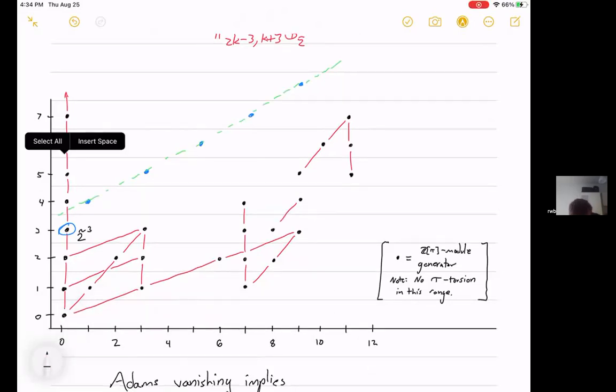Here's theta 2, and that's 0 because it's in a 0 group. Here's theta 3, 0 because it's in a 0 group. Here's theta 4, 0 because it's in a 0 group. Here's theta 5, also 0 because it's in a 0 group. And here's theta 6, also 0 because it's in a 0 group.